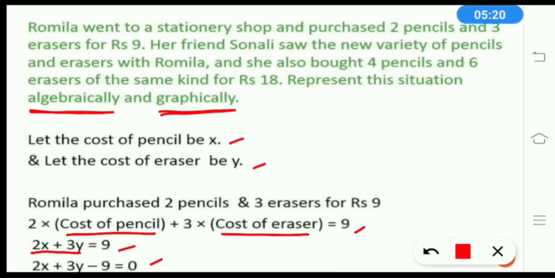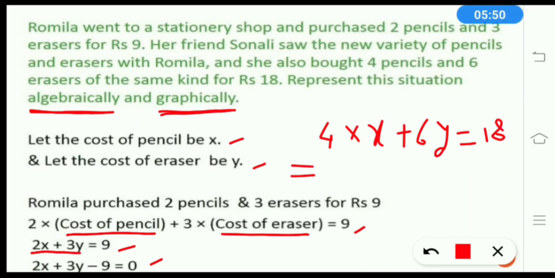Next one is her friend, her name is Sonali. Okay, so Sonali bought 4 pencil and 6 eraser. That means 4 into x plus 6 into y equal to rupees 18. Clear?